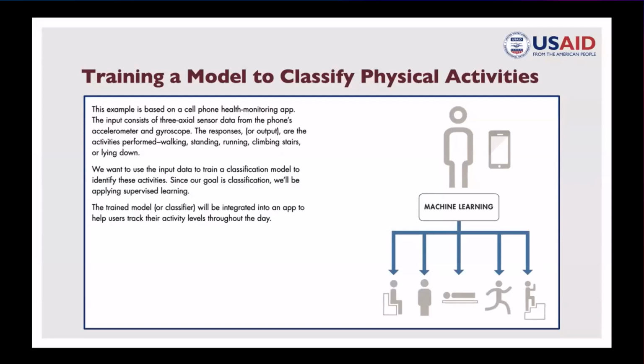So we train the model or classifier, which will be integrated into our application to help users track their activity levels throughout the day. Okay. So you see now from our input features, which is the accelerometer and gyroscope, we try to predict the corresponding activity, which can be walking, standing, running, climbing stairs, or lying down.